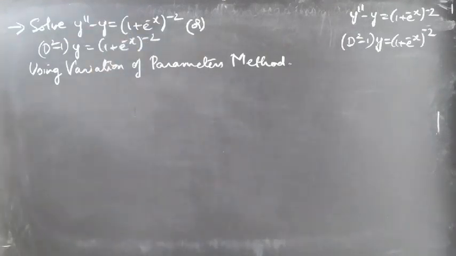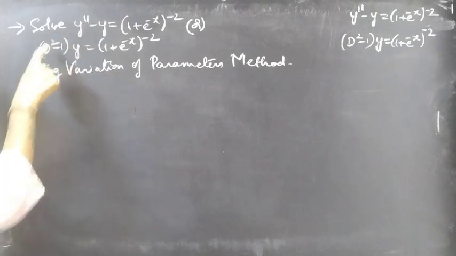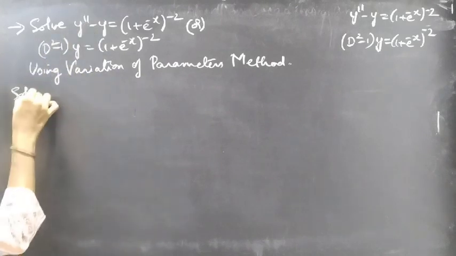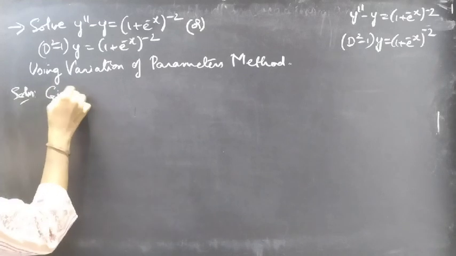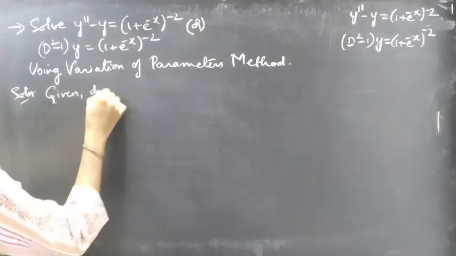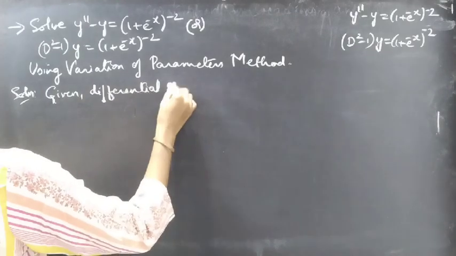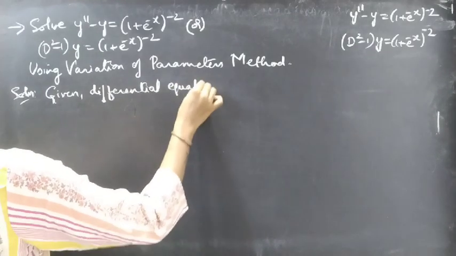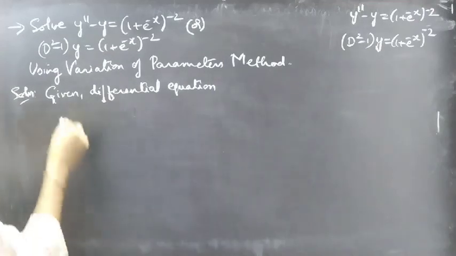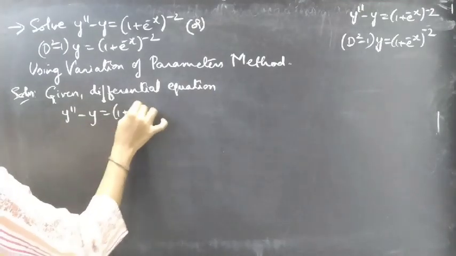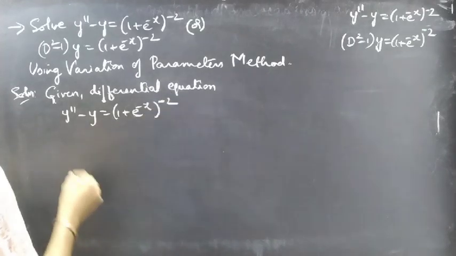So here we are given a differential equation of order 2, right? y double dash minus y equal to 1 plus e power minus x raised to the power minus 2.